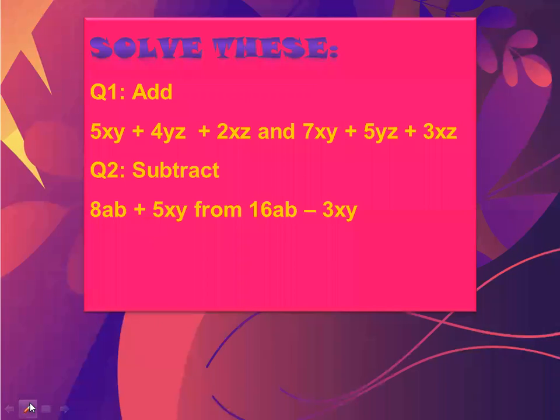Okay, now let's look at here what you will do. First you will write here 16ab minus 3xy, then you will write this one, that is 8ab.